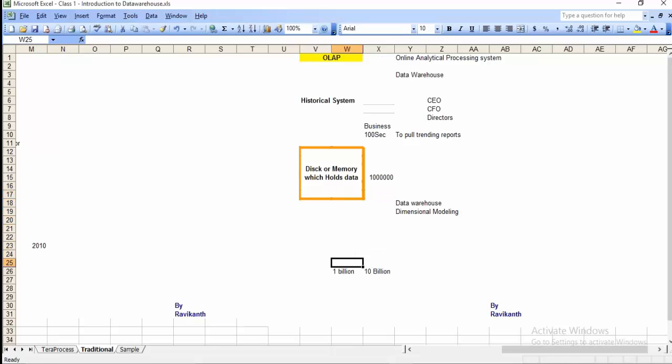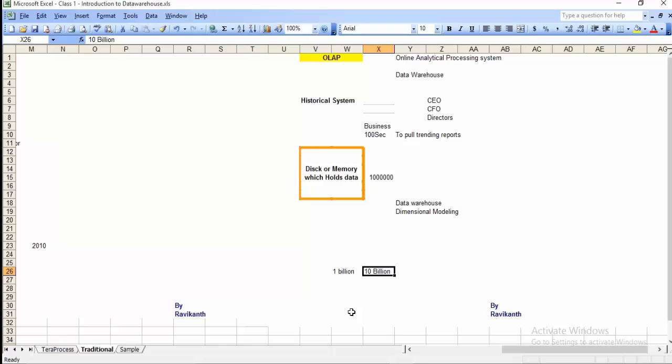Okay, so let's say now the higher management wants to retrieve the data from the historical system called the data warehouse. They want to retrieve how many customers are associated with our bank from the past 30 years. Let's say they retrieved the data and found 1 billion customers from the past 30 years.